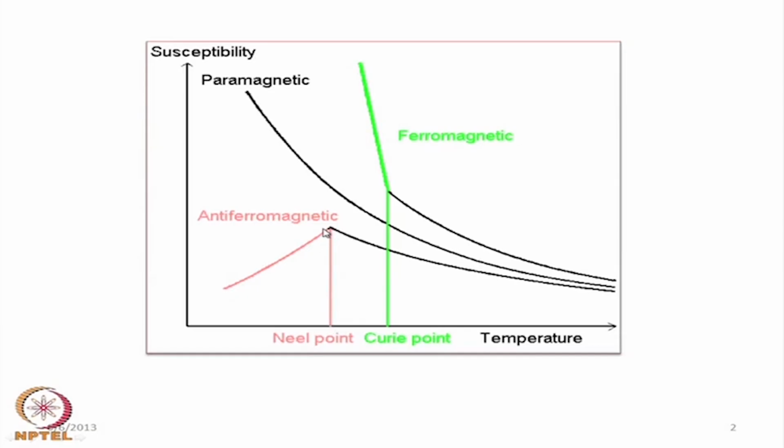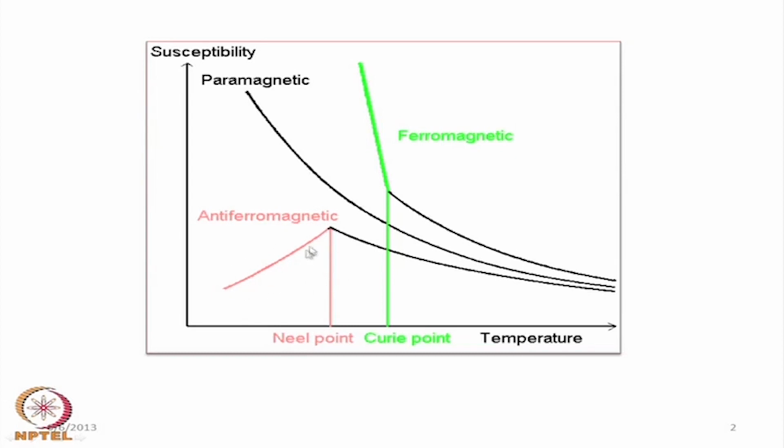What we see is that our magnetic moment or magnetic susceptibility is decreasing with the decrease in temperature, which is in opposite form. The behavior we see over here is that the susceptibility is decreasing with increase in temperature, but below the Néel temperature the susceptibility is also decreasing with decrease in temperature.